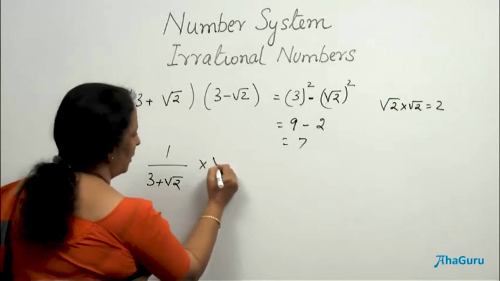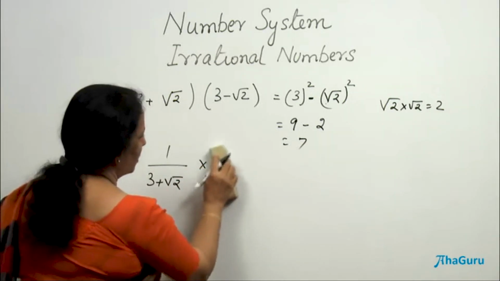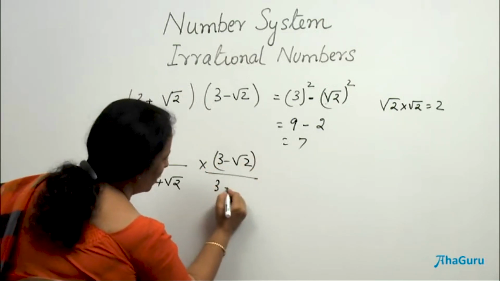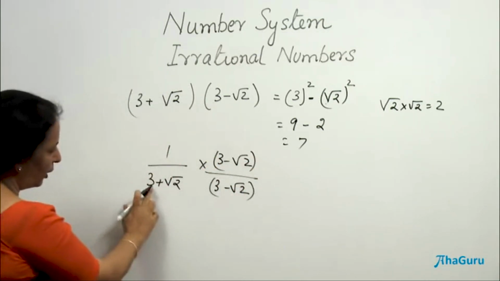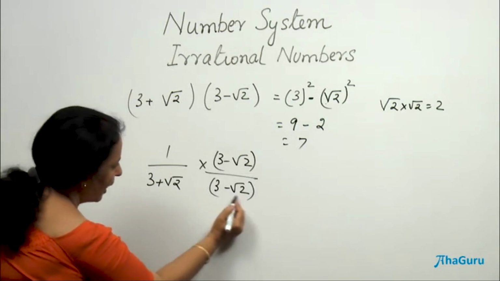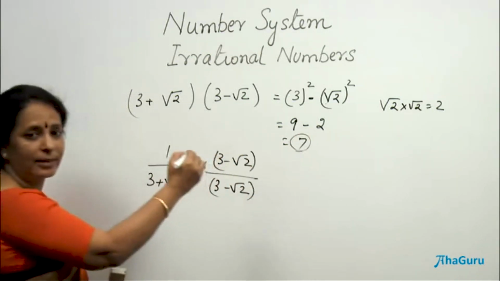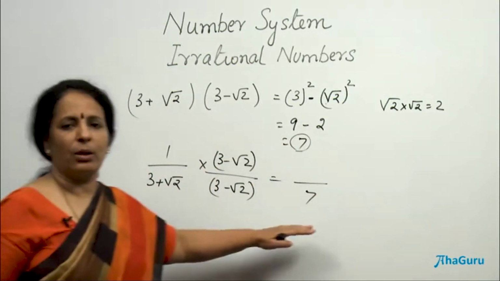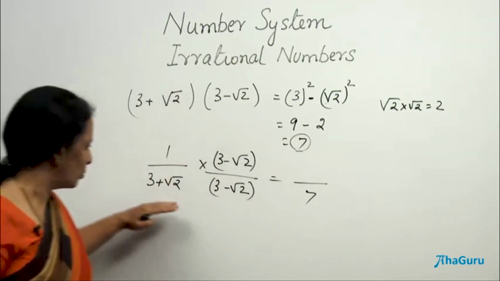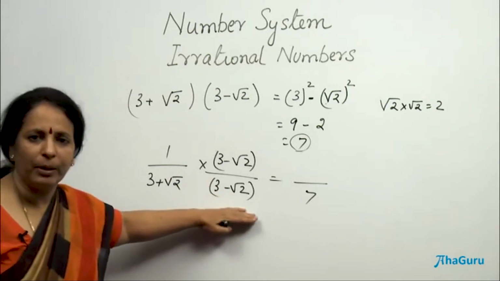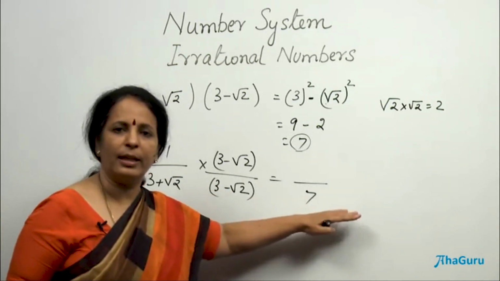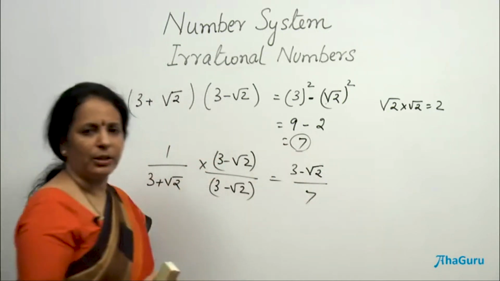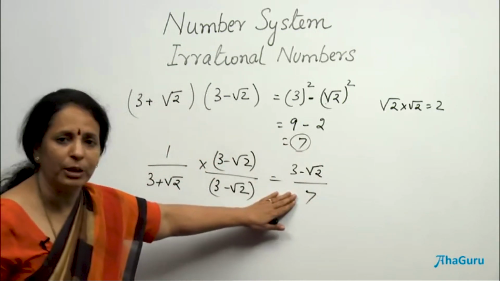So, I multiply both the numerator, what is the numerator? 3 minus root 2, this is what I multiply, and in the denominator also I multiply by 3 minus root 2. And I know very well when I multiply this and this, what is the answer? 7. So, the denominator I am 100% sure is going to be 7, which has already been rationalized. So, this number when multiplied by this has given me a rationalized denominator. The numerator I do not mind, let it remain irrational, it does not make any difference. It is the denominator which makes all the difference.